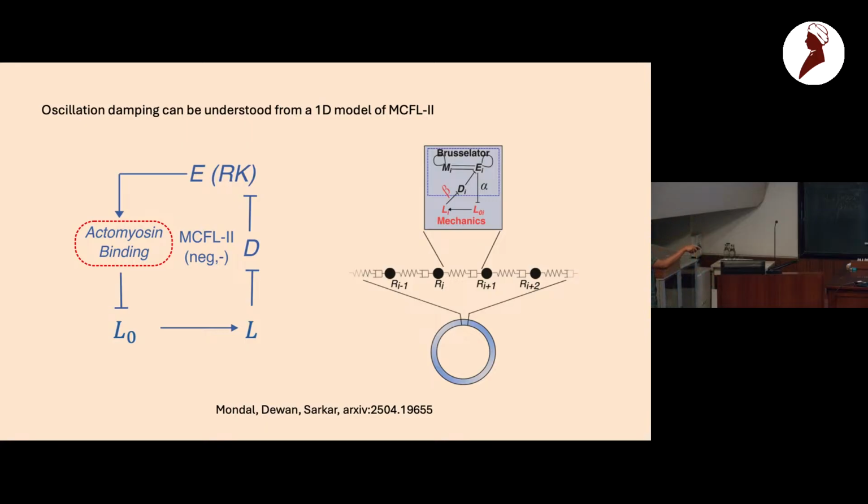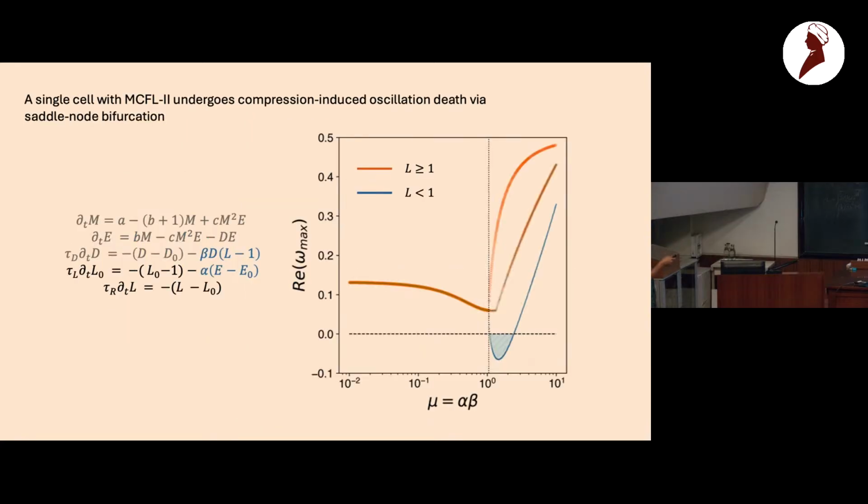So what is interesting now is that we can take this model. It is easy to solve both analytically and numerically. And what we can do is study the properties of an individual cell as a function of this parameter, which is the strength of the mechanochemical feedback. So alpha is the coupling strength between chemistry and mechanics, and beta is the coupling strength between mechanics and chemistry, okay?